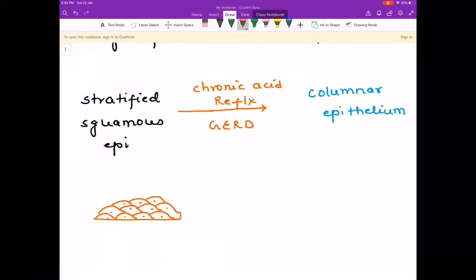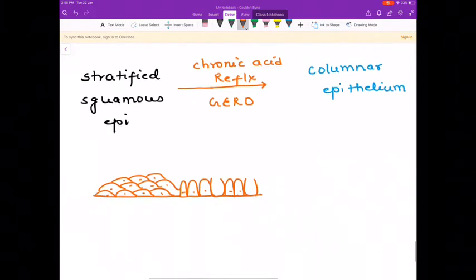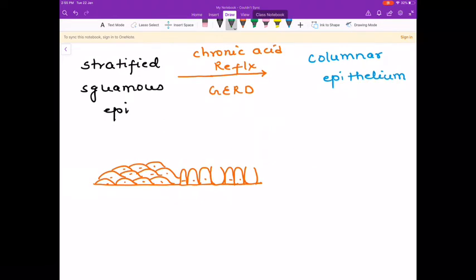In the case of GERD, now there will be a patch which will be showing columnar cells. In between the columnar cells, there is another cell which is like a goblet. A goblet is like a vessel which is used to keep water or different drinks. So in between there is a goblet cell. These are the goblet cells. Goblet cells are filled with a particular material which is again very important for your exam.